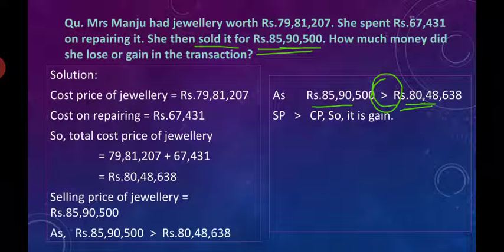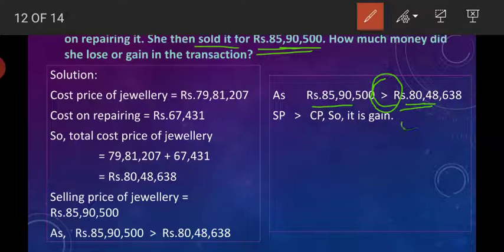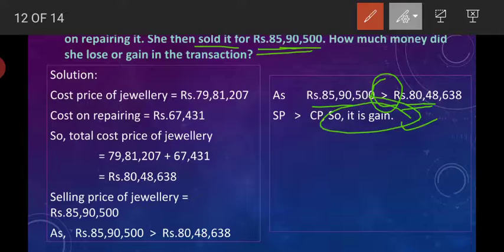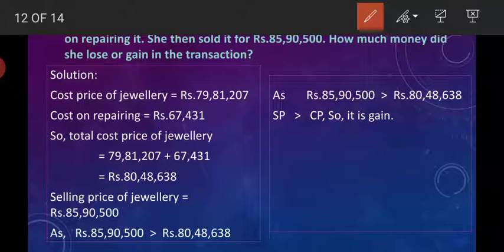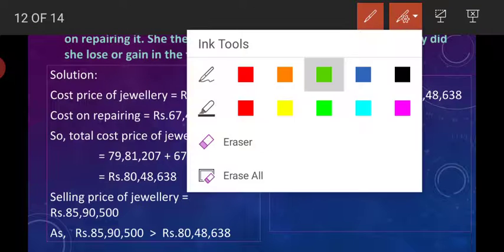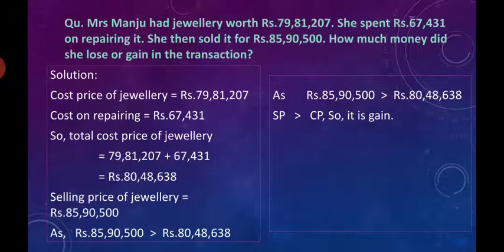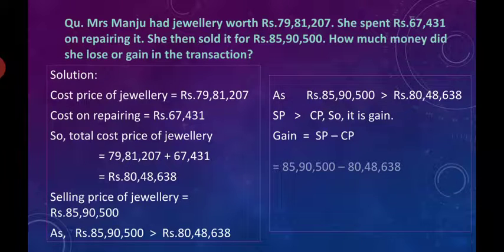If the selling price is greater than the cost price, then we can say that it is gain or profit. Okay, he made a profit on the whole transaction. Now come to how much he gained on the whole transaction, that is gain equal to SP minus CP, that is selling price minus cost price.